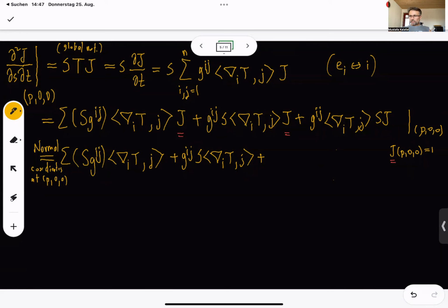But the first one is TJ and the second one is SJ, and their only difference is just the name. So that means we have the same term again.